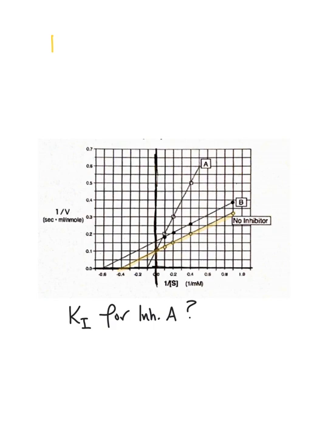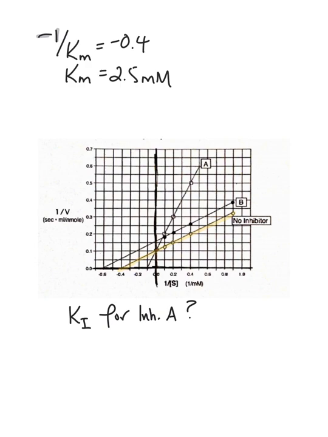And we calculated that earlier, but I'll do that real quick again. -1 over Km is -0.4, which when you do the algebra, your Km turns out to be 2.5 millimolar.